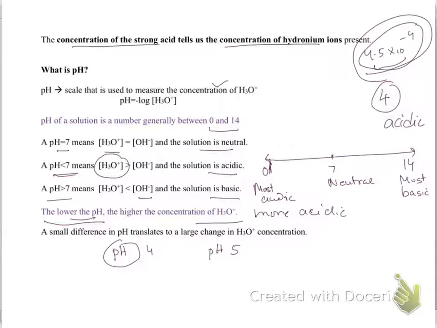Now, a small difference in pH basically relates to a larger change in hydronium ion concentration. What does that mean? That means if you have a difference of 1 pH unit, you have the hydronium ion concentration differing by a factor of 10. This has a higher concentration of H3O plus because it has a low pH.